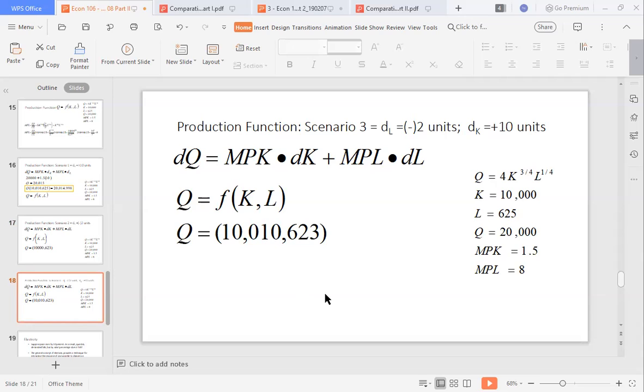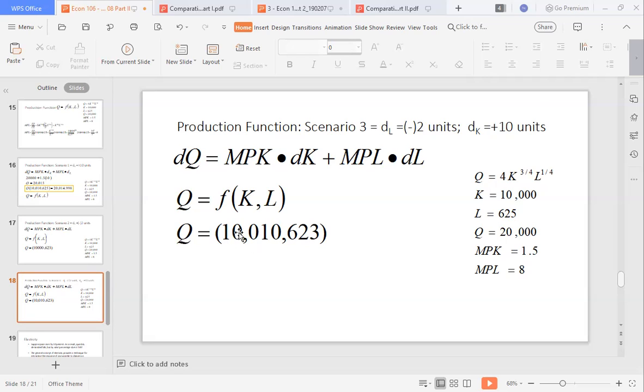So please take a photo of this one. Ma'am, bakit po 10,000 po? Ito hindi po 20,000. Sorry. Yung Q po, bakit po ma'am 10,000, hindi po siya 20,000? Opo.